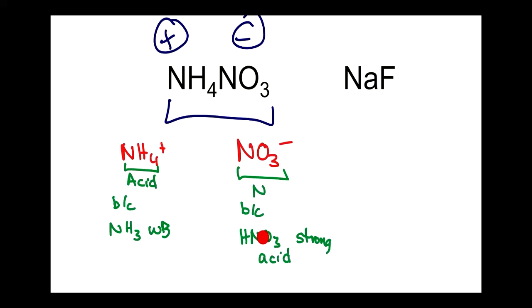Nitric acid is the acid, nitrate is the conjugate. Very, very strong acids have really crappy bases. So nitrate is so bad of a base, it's not even a base, it's just pH neutral. So what should our solution behave like if I combine something that's acidic and neutral? Acidic, yeah. So this will be overall acidic.